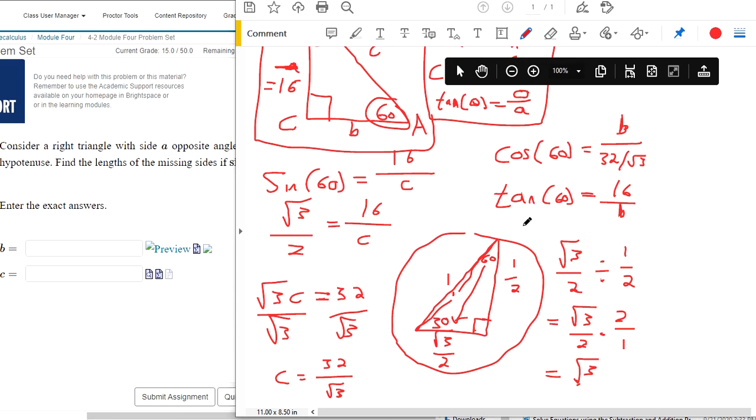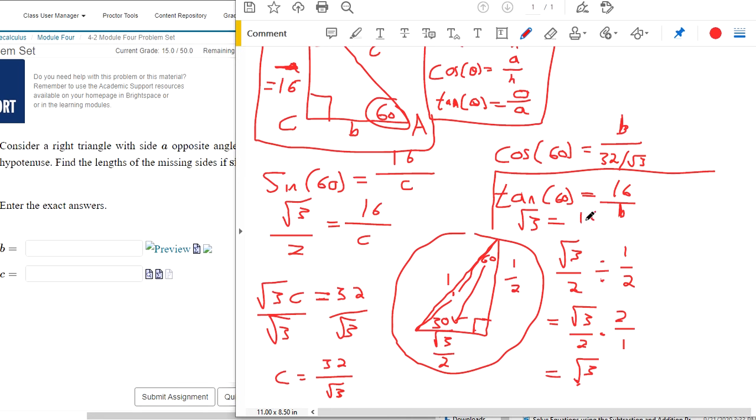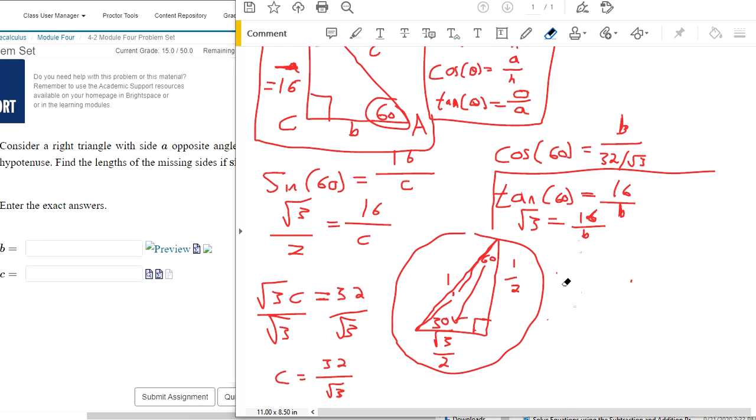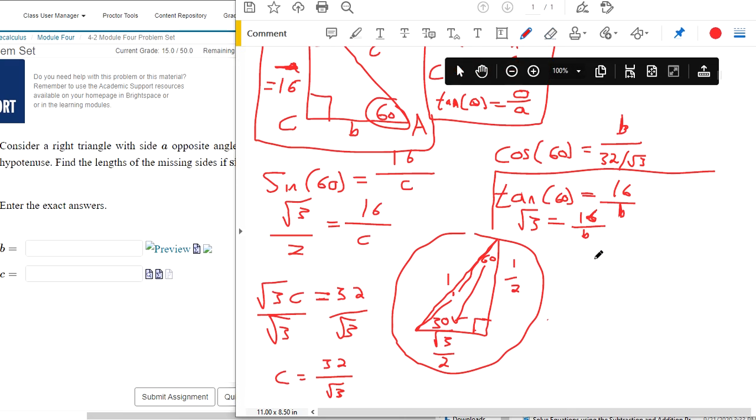So basically what we found out in this equation that we're trying to solve is that square root of 3 goes on the left side. Let me just copy it over here.